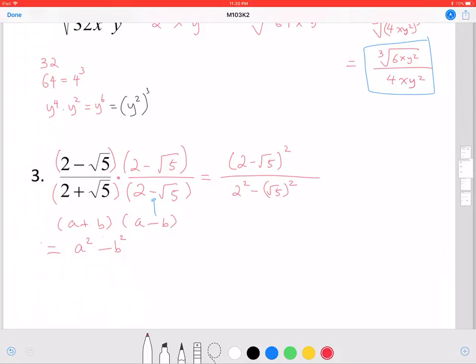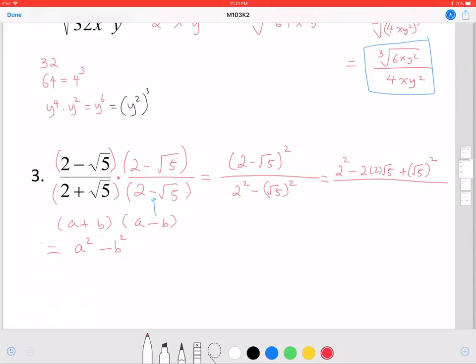Okay, then let me write this out. In the numerator, I'm going to use the a minus b quantity squared. So that's 2 squared minus 2 times square root of 5 plus square root of 5 squared. I know I could have written that as 5, but I want to show you every single step.